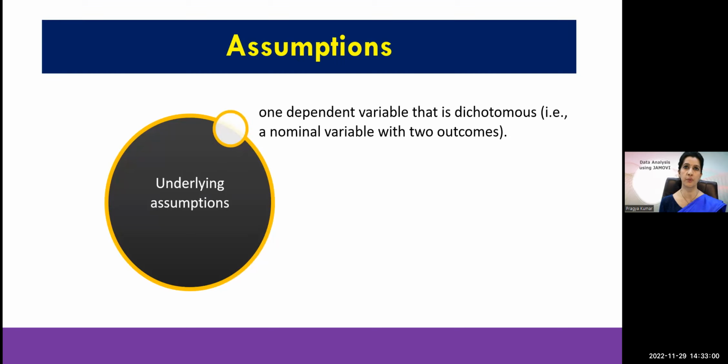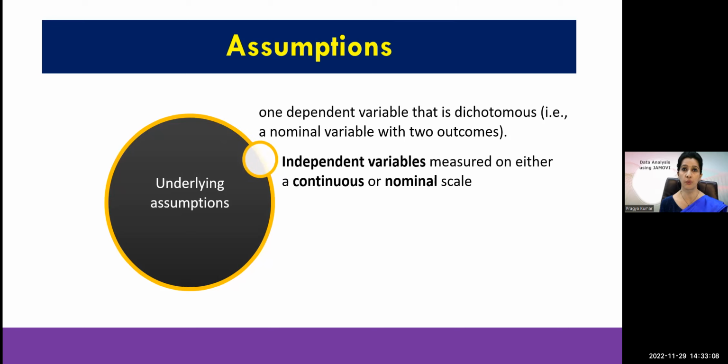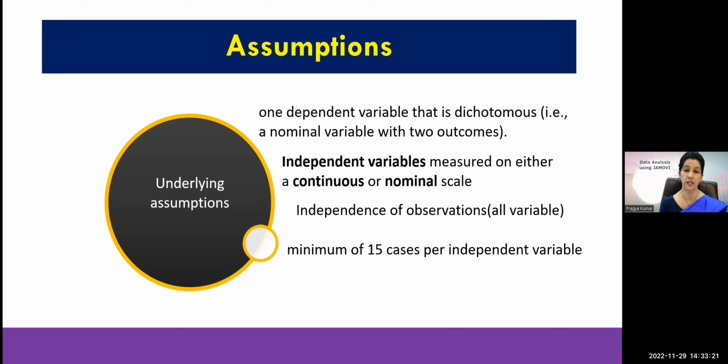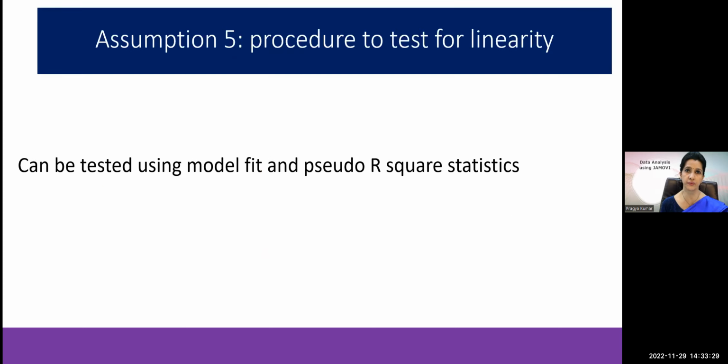First, there should be one dependent variable that is dichotomous, with only two outcome categories. The independent variables can be on a continuous scale or a nominal scale, and there should be independence of observation. There should be a minimum of 15 cases per independent variable. You may take 10 to 20, 15 is also okay. So there is a range.